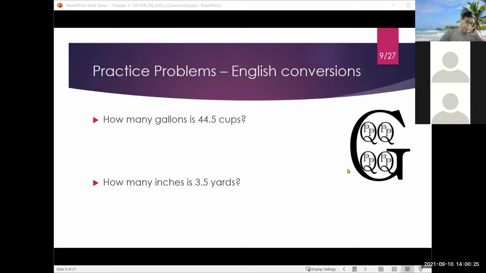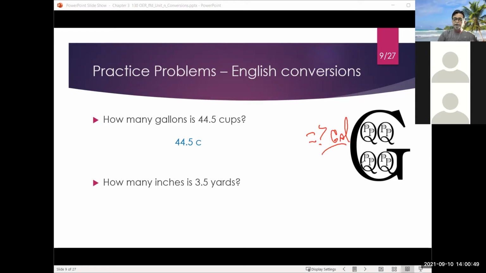For example, we're going to stay within the English units. They're asking you here, how many gallons is 4.5 cups? All right, so we write down what we're given, right? 4.5 cups. I need to go to gallons.